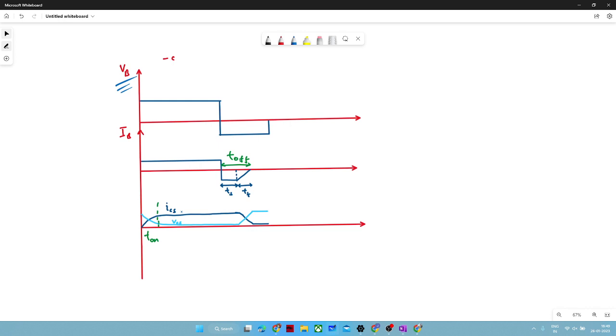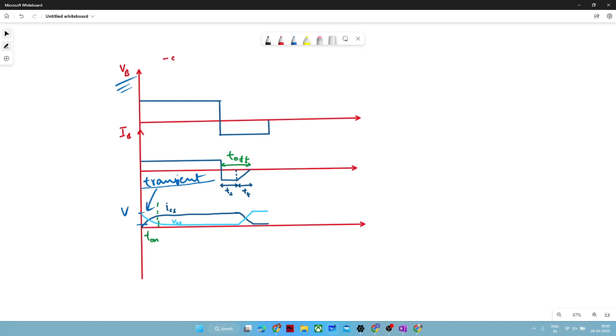So it denotes that it is operating in saturation region, and your voltage will fall from this level, from rated to some zero. For ideal, it will be zero, but most of the switches will not be ideal, right? So it will be just above the zero, near to zero, some 0.4, 0.7 volt, and your current will rise, and this is the transition, right? This is a transient kind of thing.